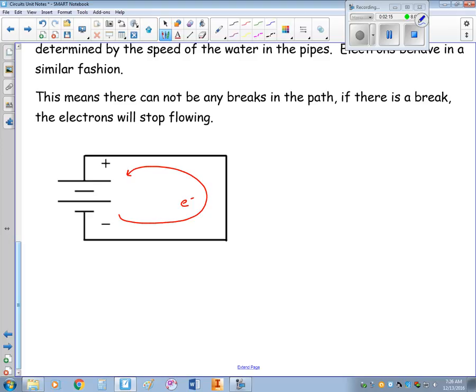Conventional electric current, however, goes from positive back to negative. The reason for this is because we came up with concepts of current before we knew anything about electrons. So the way we define current is the path that a positive charge would take.